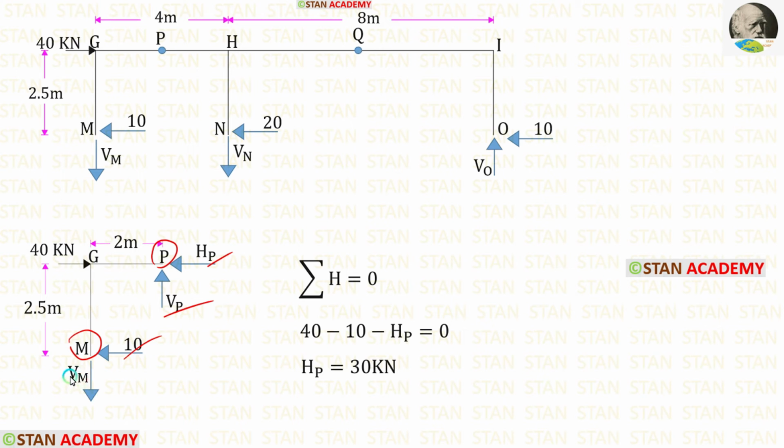We have to only find the vertical force VM. Let us apply the rule sigma H equals 0 and find HP. This 40 kN is acting towards the right side, so that will be positive. HP and 10 are acting towards the left side, so both of them will be negative. Finally, for HP, we are getting 30 kN.